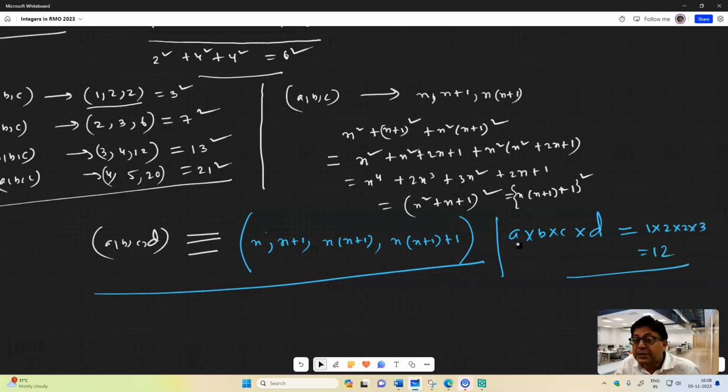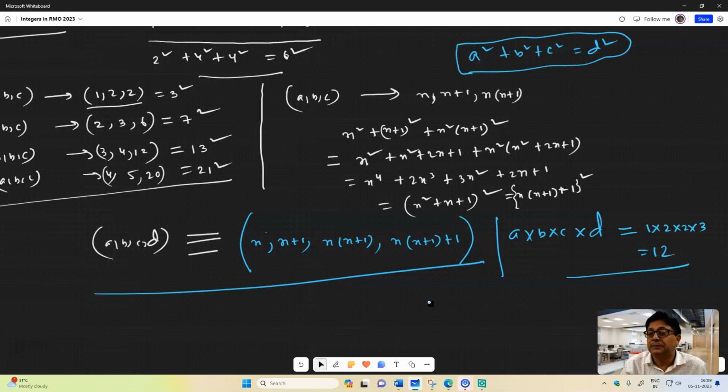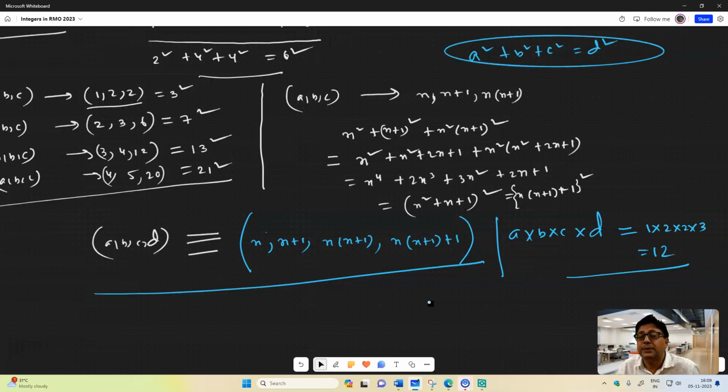Okay. So the trivial solution, the very first solution of the identity A square plus B square plus C square equal to D square, we get by observation, that is 12. But we have to ensure whether this is the correct solution or not. We are not testing with other values.